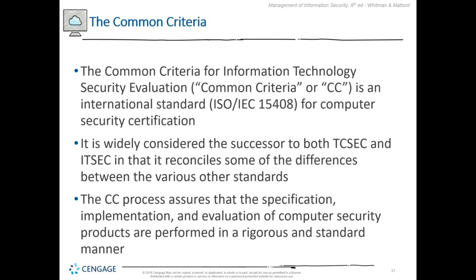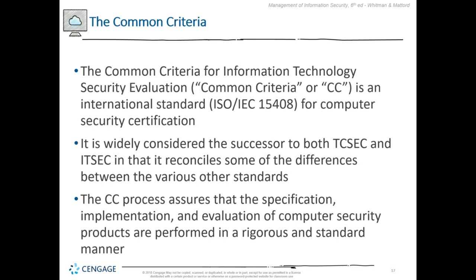Now, some of the terminology that's inherent to Common Criteria is target of evaluation, or TOE. This is the system that's being evaluated. A protection profile, which is a user-generated specification for security requirements.